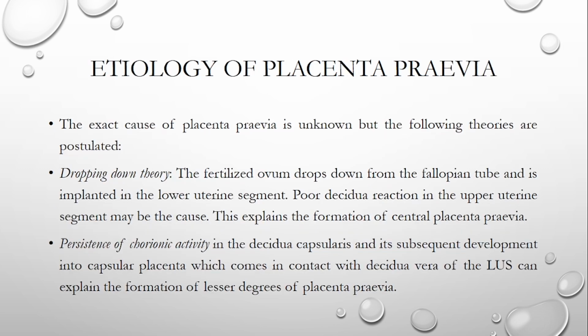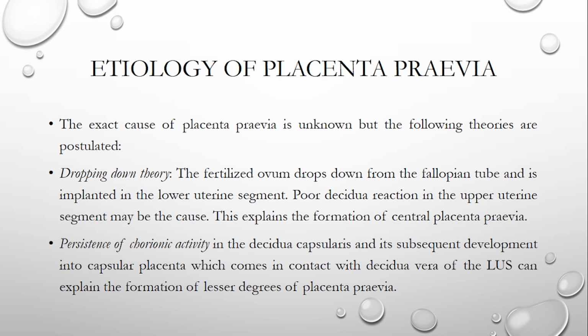What is the etiology of placenta previa? The exact cause of placenta previa is unknown, but the following theories are postulated. One, the dropping down theory. What happens in this case is that the fertilized ovum drops down from the fallopian tube and is implanted in the lower uterine segment.